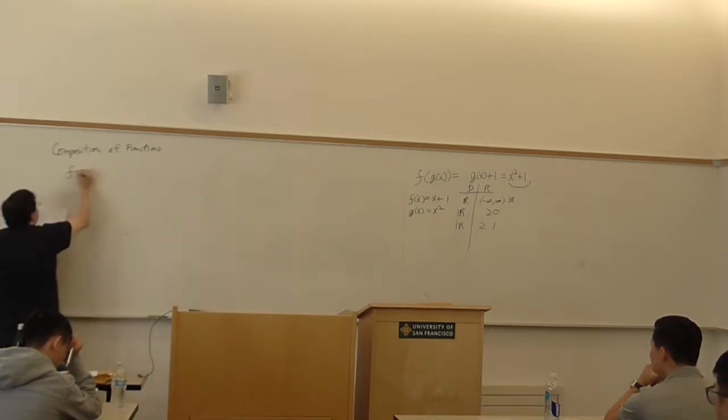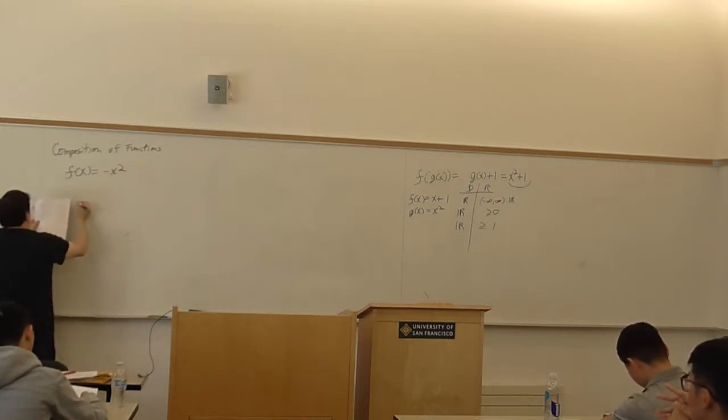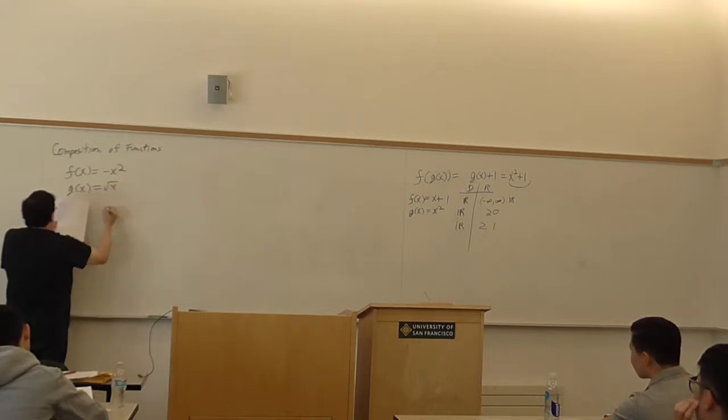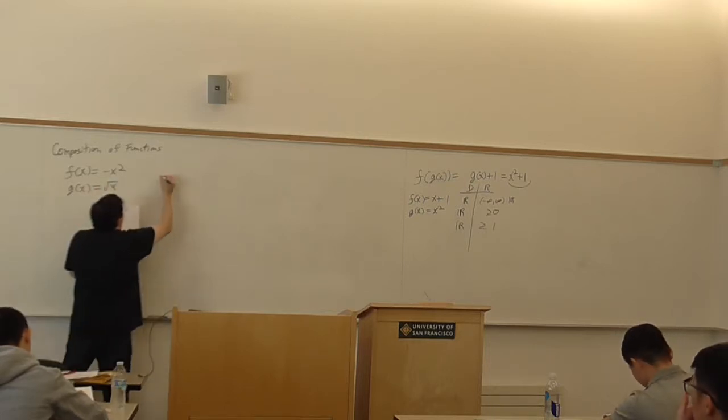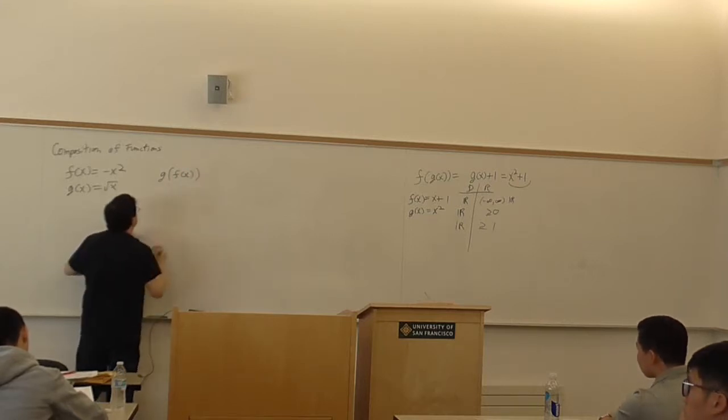My f of x is negative x squared. A g of x is the square root of x. And I want to know what g of f of x is.